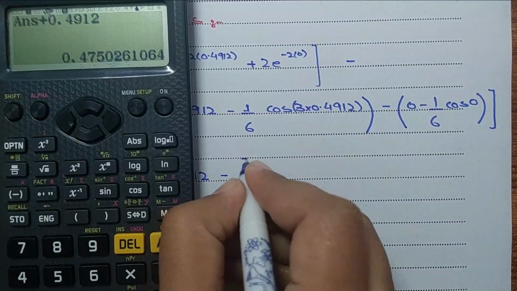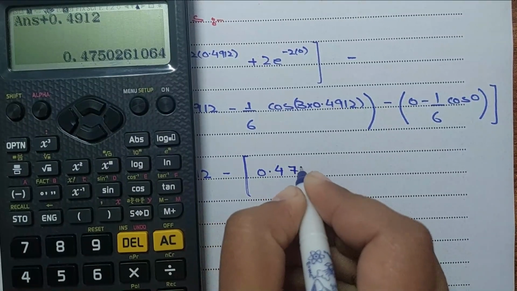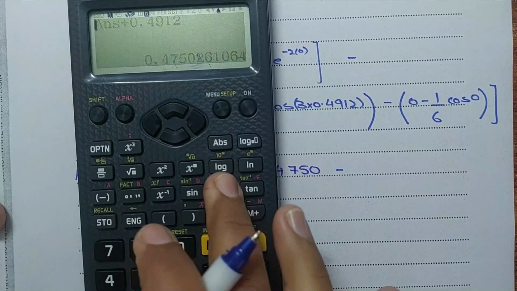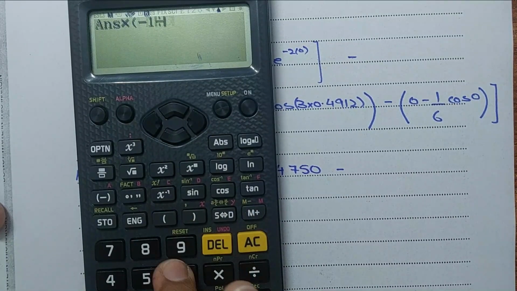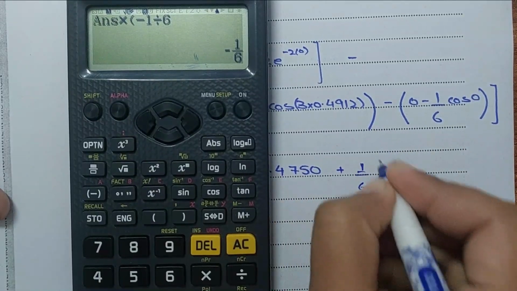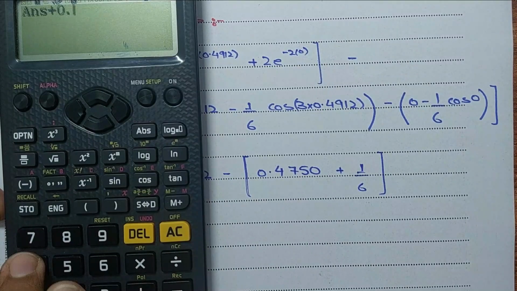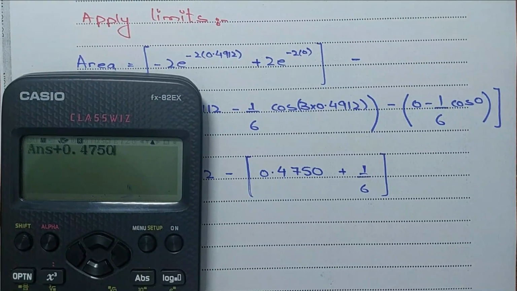That gives 0.4750, and this term, cos of 0 is 1. 1 times minus 1 over 6 is minus 1 over 6, and this is plus 1 over 6. So plus 1 over 6, added with 0.4750.